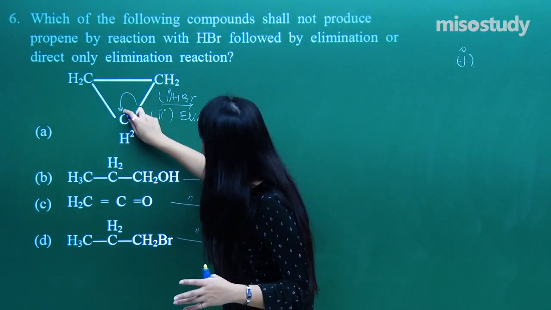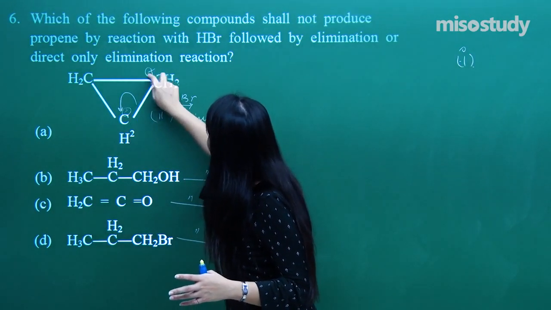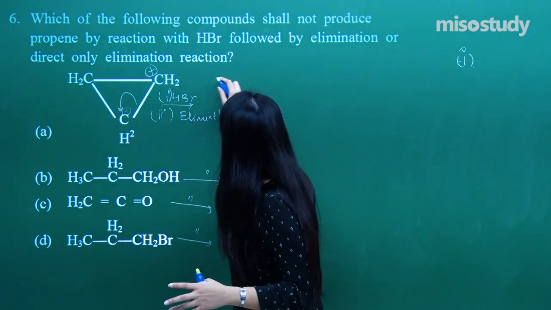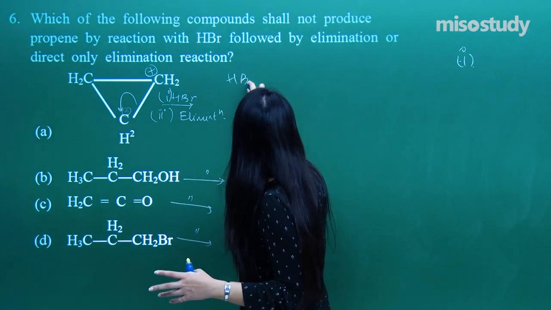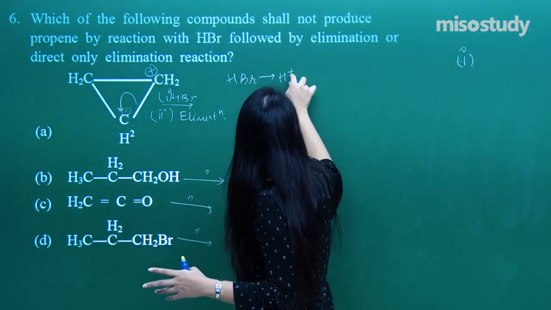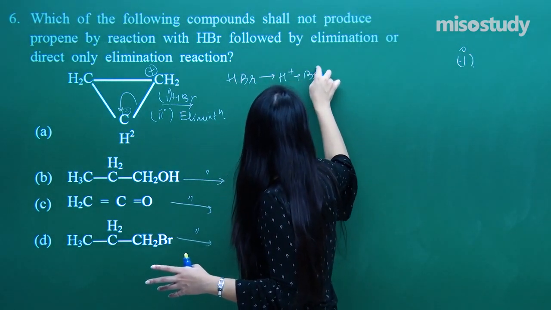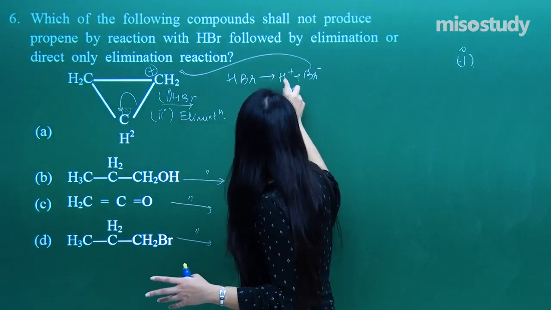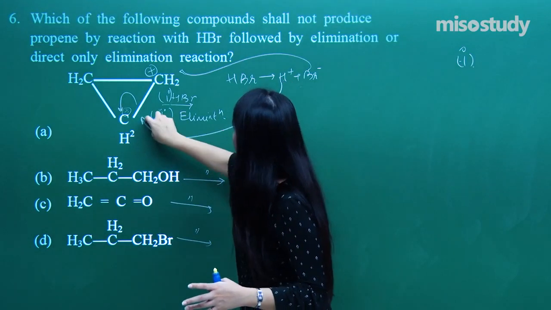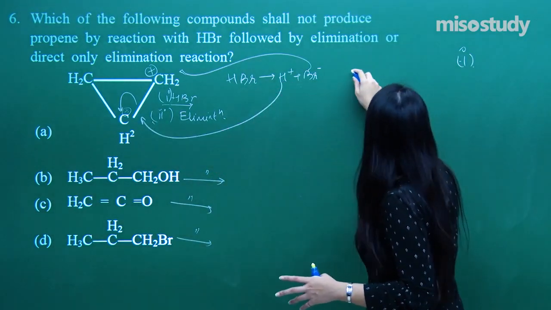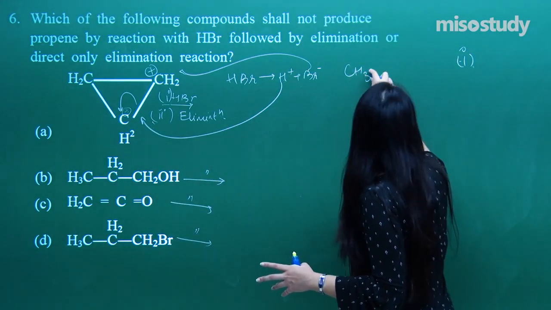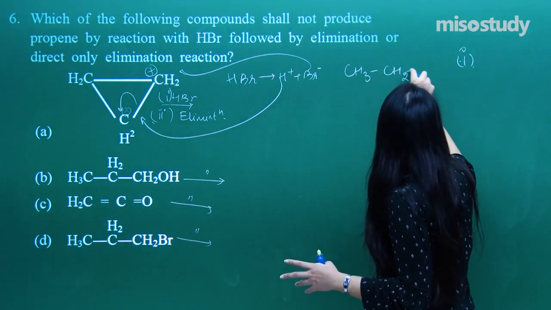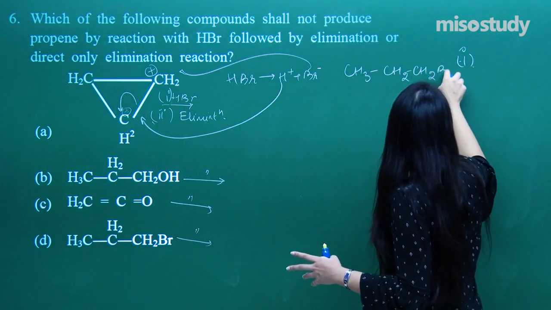So what do I have? A negative here, a positive obtained here. HBr will be breaking into H positive plus Br negative. So on the positive the Br gets attached, and on the negative the H gets attached. What do I get? I get CH3, CH2, CH2, Br.